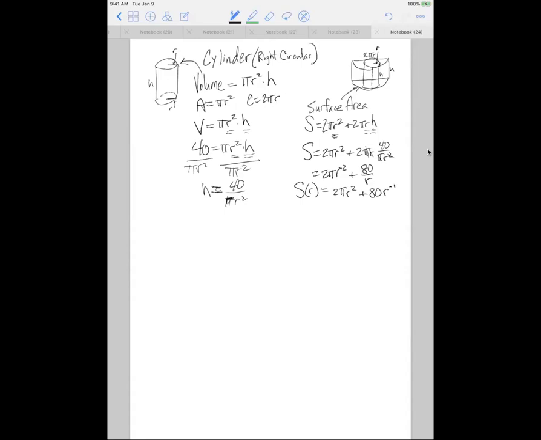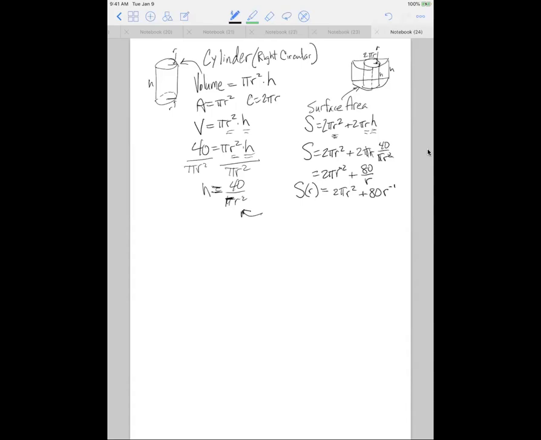Now that is a function we can take the derivative of, set equal to 0, find the max or the min, whatever the situation is, solve for r, and answer the question: what are the dimensions? That'll give us the r. Then once we get the r, we can plug it back over into this equation and figure out what h is. That's the goal of the problem, okay?